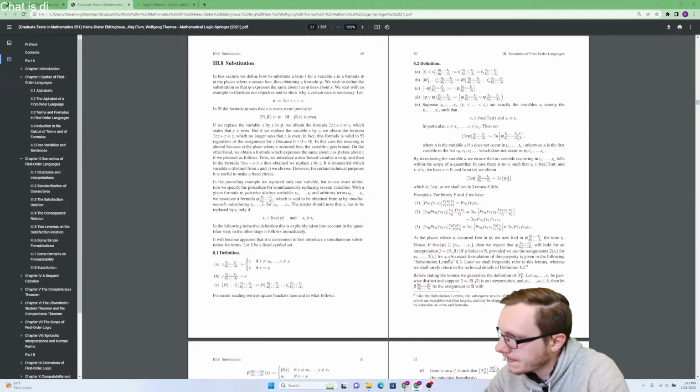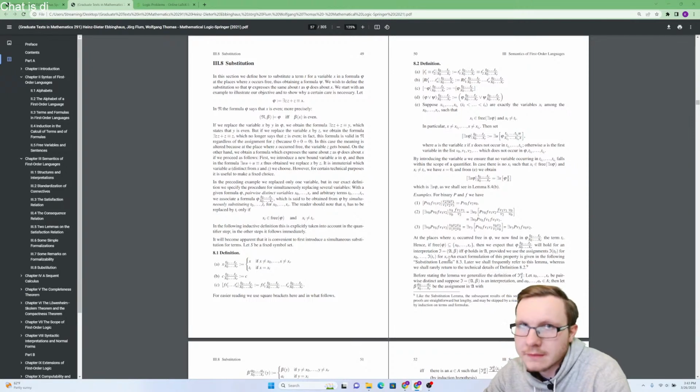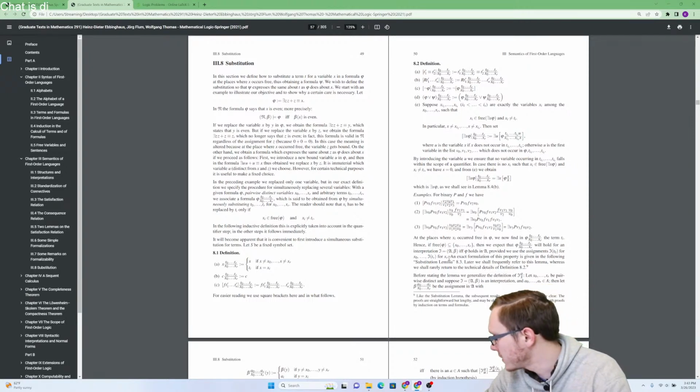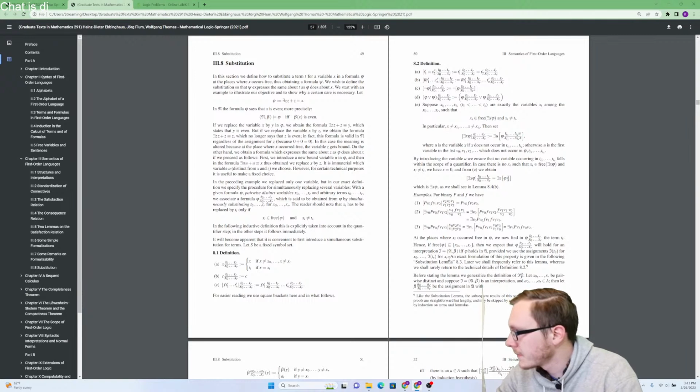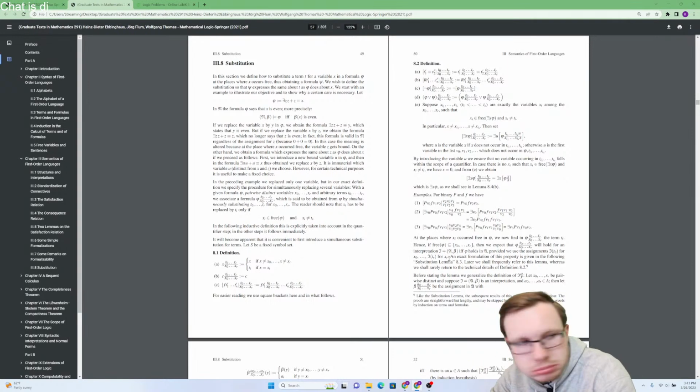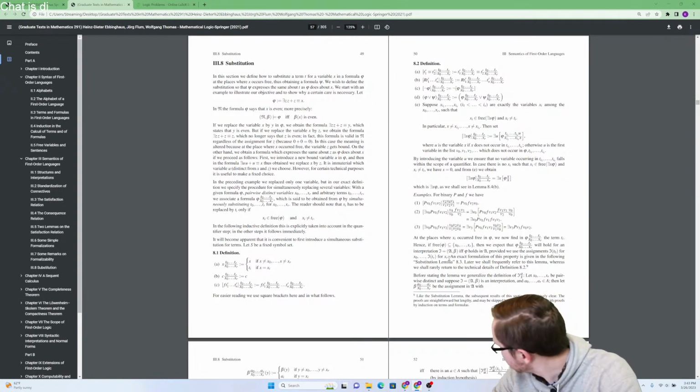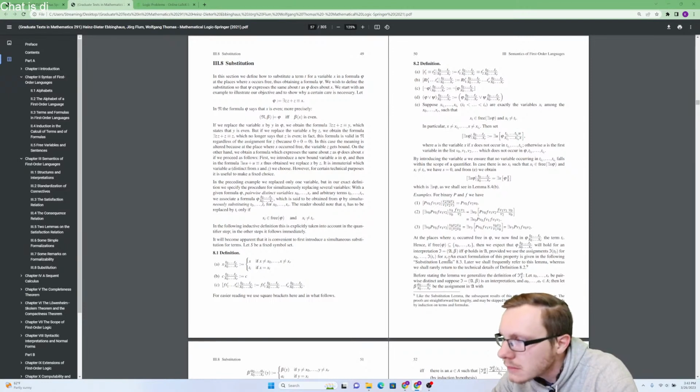If it's a subset of the terms that we expect it to change into, changes quite a bit. The free variables of phi are a subset of x naught through xr.